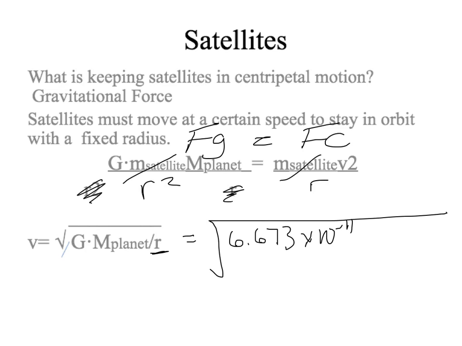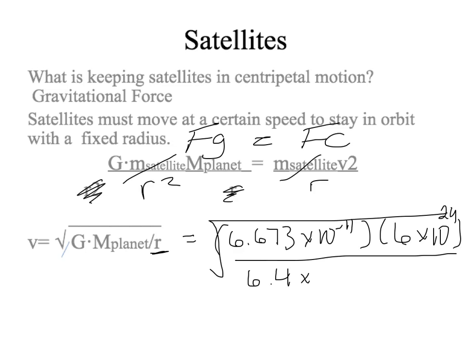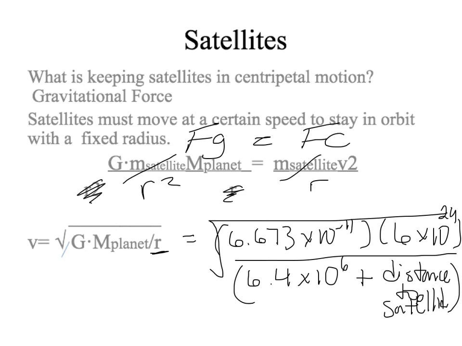So there's G. The mass of planet Earth is like 6 times 10 to the 24th kilograms. I'm going to divide this by the radius of Earth, but I'm going to also add in the distance to the satellite. So that is the only thing that would be different.